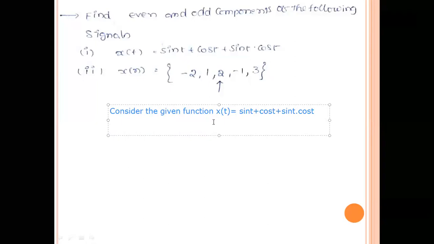Sir. Okay. Consider the given function x of t, which is equal to sin t plus cos t plus sin t into cos t. This is the given function only. I have not made any changes to the given function.